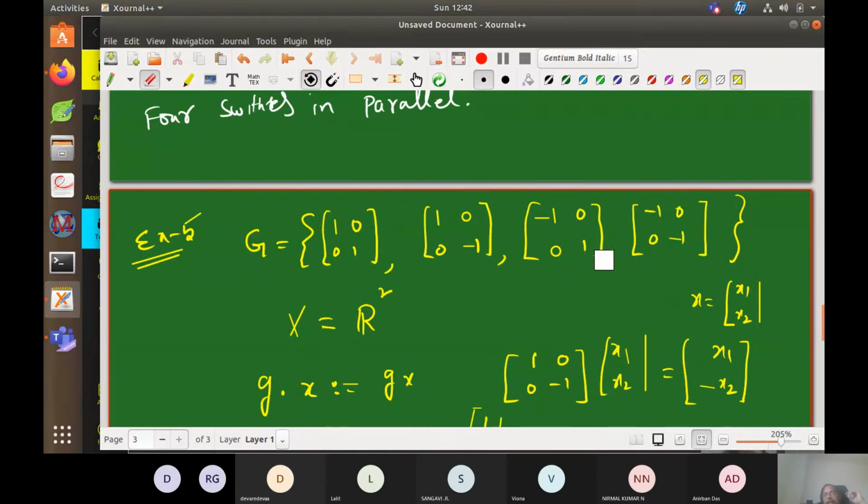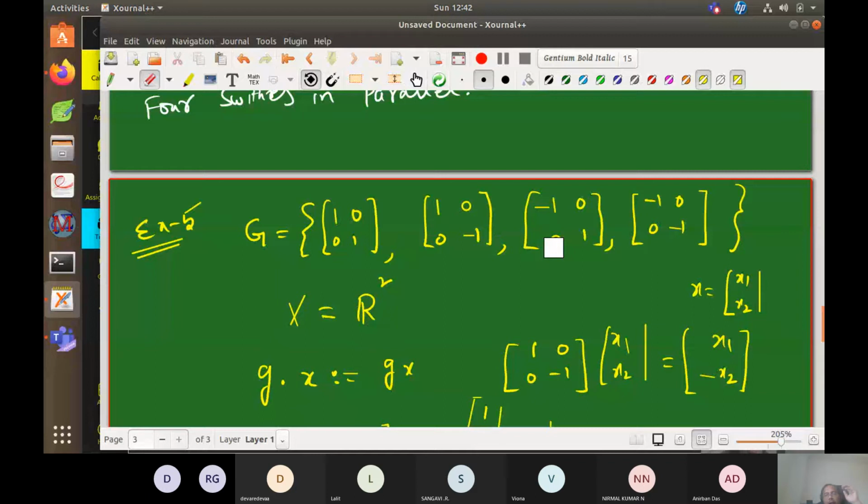This is a reflection, this is a reflection, this is a reflection. These are all orthogonal transformations. Orthogonal transformations preserve distance, and they fix the origin anyhow.